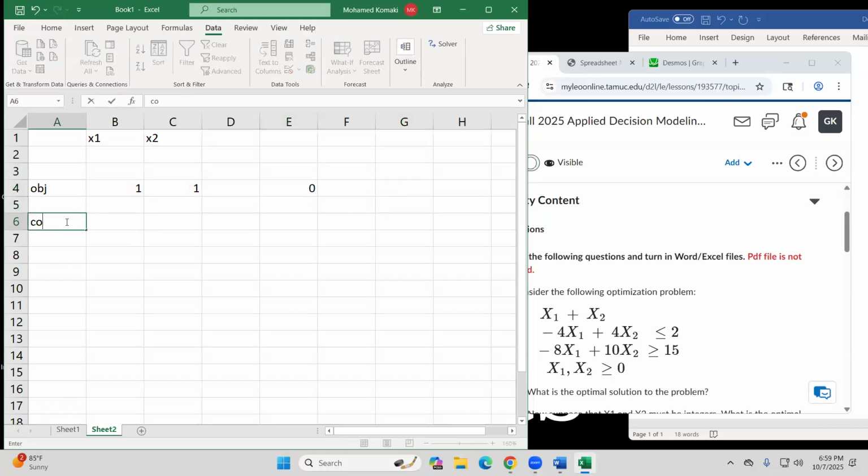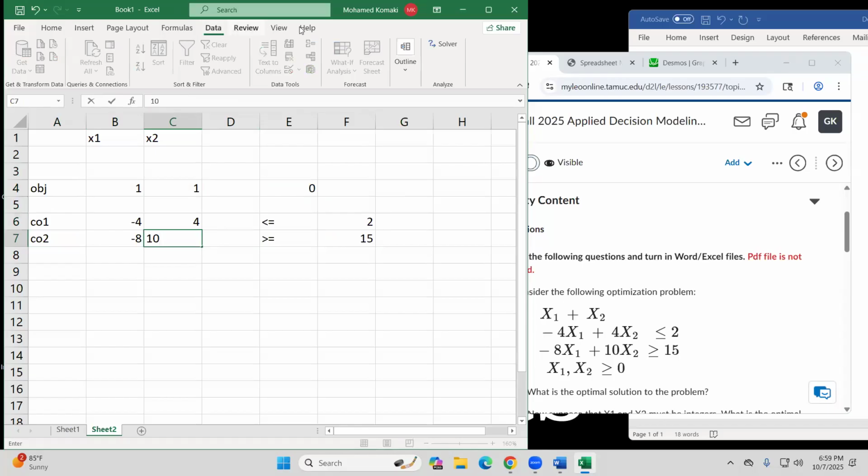Then I have my constraints. So the coefficients are -4 and 4, and it is less than or equal to 2, right? And here I have greater or equal to 15, -8 and 10.